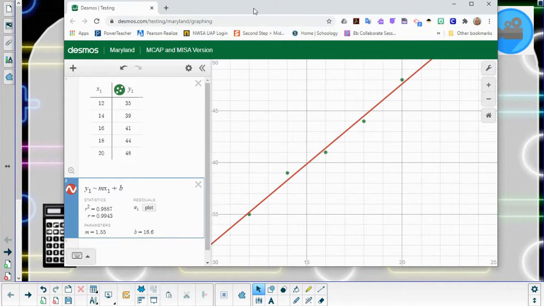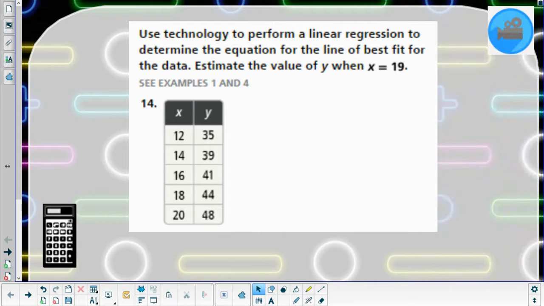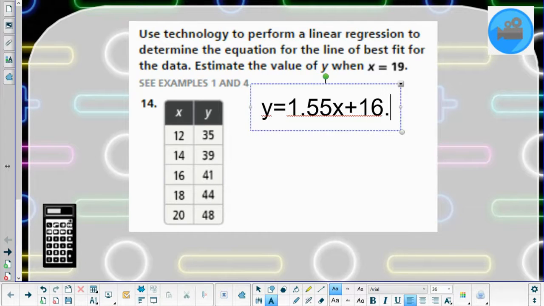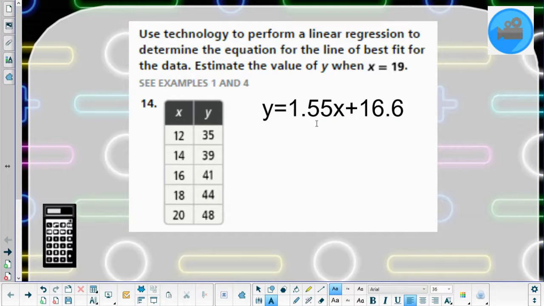So let's go ahead and transfer this data to the other page. Looking at this, I can write my equation either in slope-intercept form or function notation. I'm going to do slope-intercept form for this one. So y equals, my slope m is 1.55, and my intercept is 16.6.